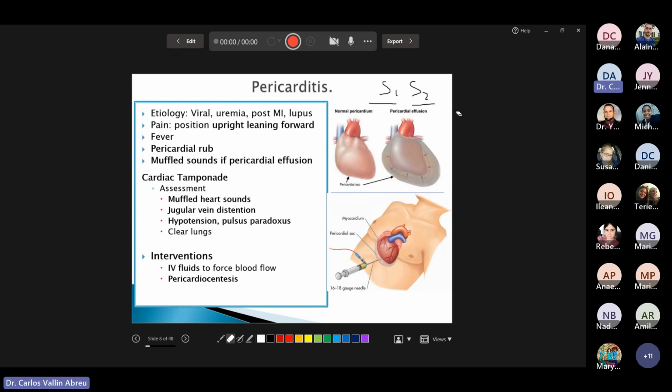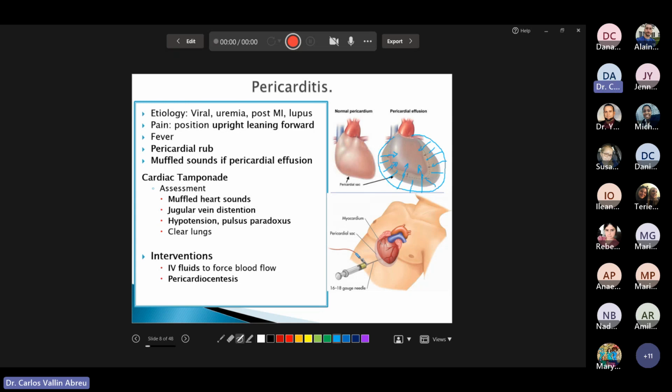The pericardial rub will disappear, and the heart sounds become very muffled. As the liquid continues accumulating, the pericardium is going to be very stretched and is not going to comply even more. So now the liquid will exert a strangling pressure over the heart.